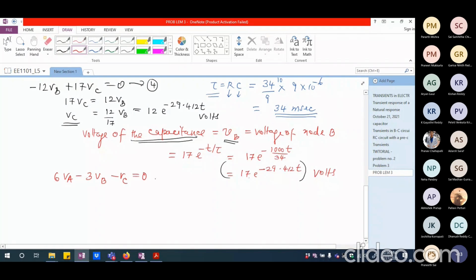This was equation number 1, what we wrote in node A. So I should be able to say 6 VA equal to 3 VB plus VC. So VB we got as 17 e power minus 29.412. So 3 times 17, that is 51 e power minus 29.412.